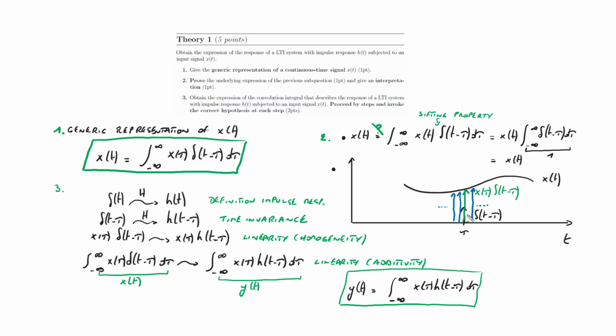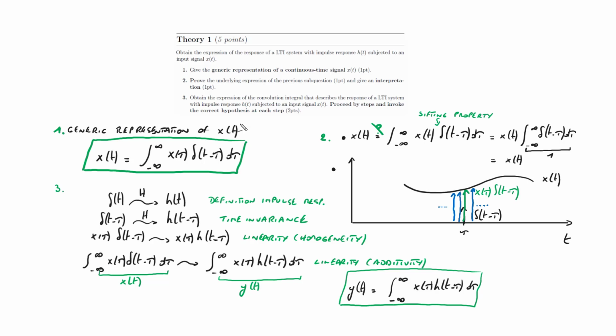Well, you can do this for all kinds of values of tau, and this is what you see here in blue. And what you can then do is you can add them, okay? But since here we have a continuum, well, adding amounts to integrating, and when we start adding all those deltas, we can reconstruct the function x of t, and this is really the interpretation of this generic representation of the continuous time signal x of t.